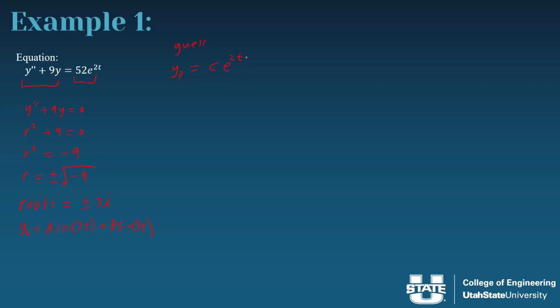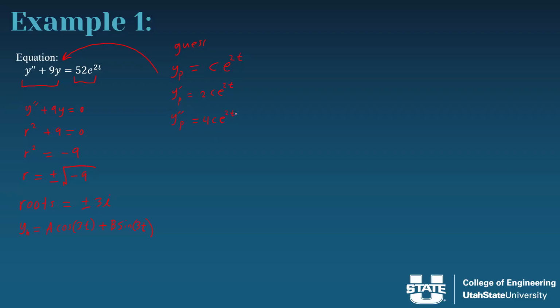So we're going to now take the derivative twice, and then we'll have all the components so we can plug it into y double prime and 9y. So let's do that. So we're going to have y prime is equal to 2c e to the 2t. Y double prime is equal to 4c e to the 2t.